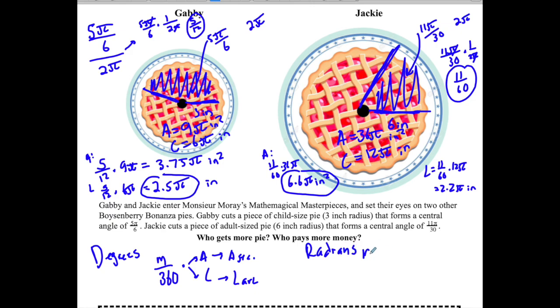You take your measurement and you divide instead by 2 pi, and then you multiply that by the area to get the area of the sector, and the circumference to get the length of the arc. Now, hopefully you've seen these two are exactly the same except for the 360 versus the 2 pi. And that's the beautiful thing about how radians work.